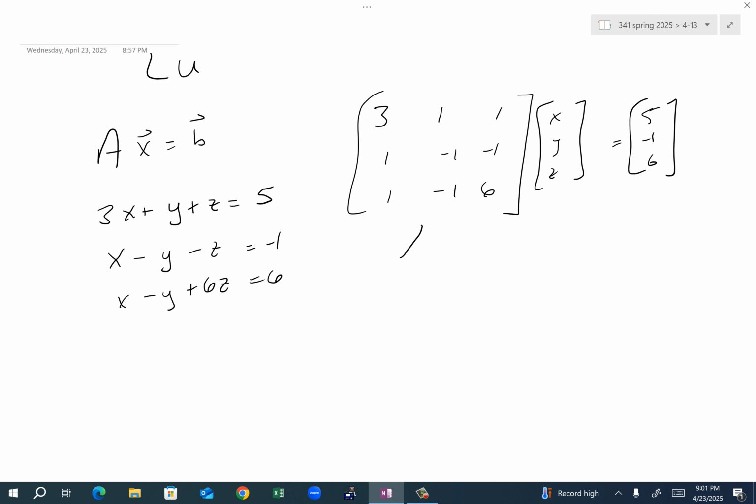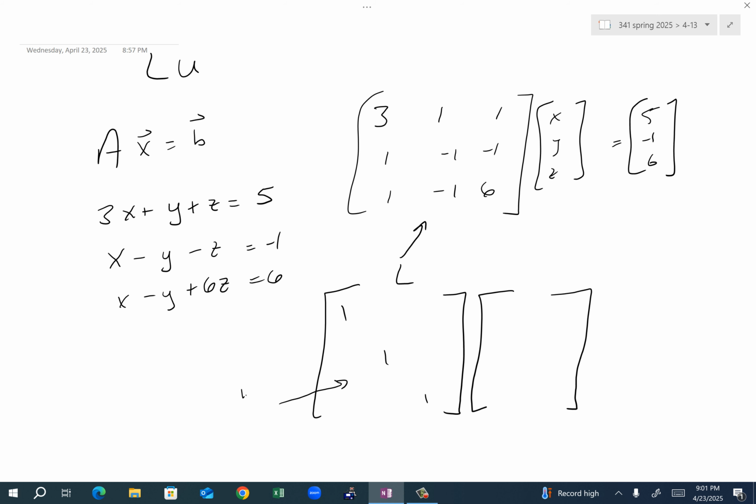Okay, so what we're going to do is take this fella here and break him into two matrices. The L, which is the lower matrix, 1, 1, 1. So we'll have some non-zero numbers down here, and we're going to have 0 up here.